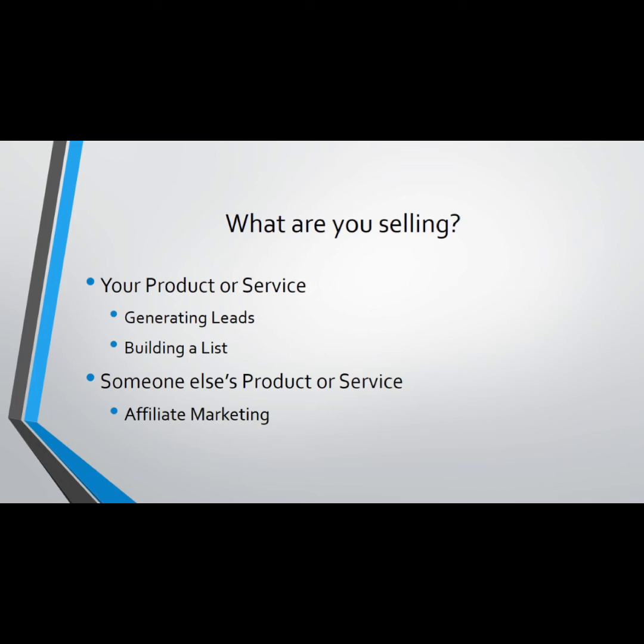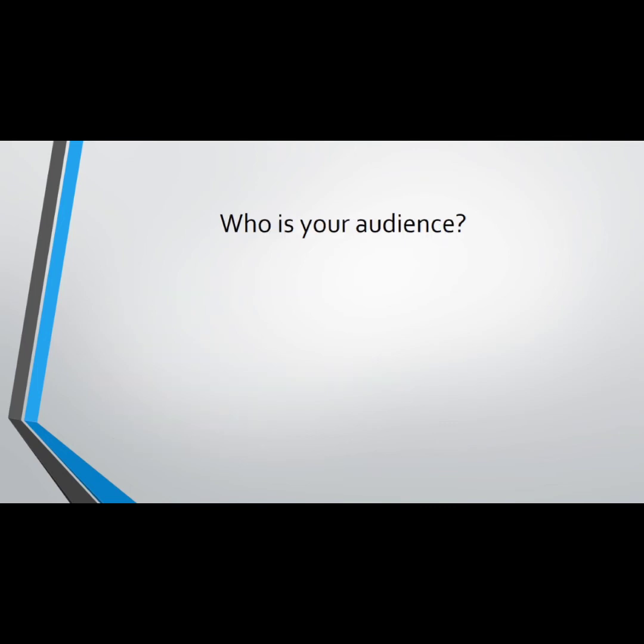So I want you to pick and choose, because I'm going to hone in on number 1, your own product or service, or number 2, somebody else's product or service. So we have affiliate marketing and we have cost per action, which means that people get paid for sending leads. For example, you could get paid every time somebody fills out a form or takes a specific action.